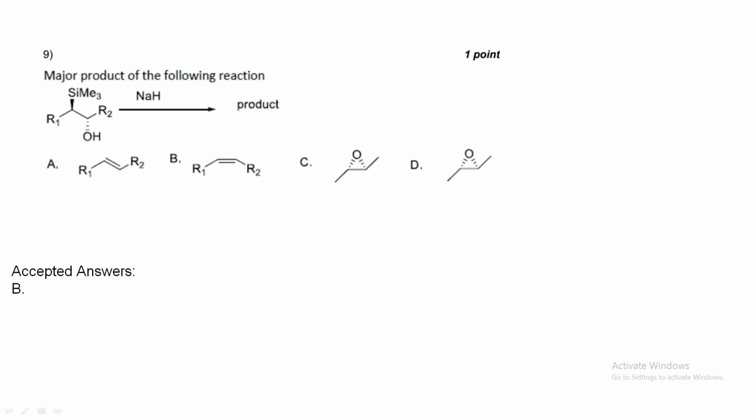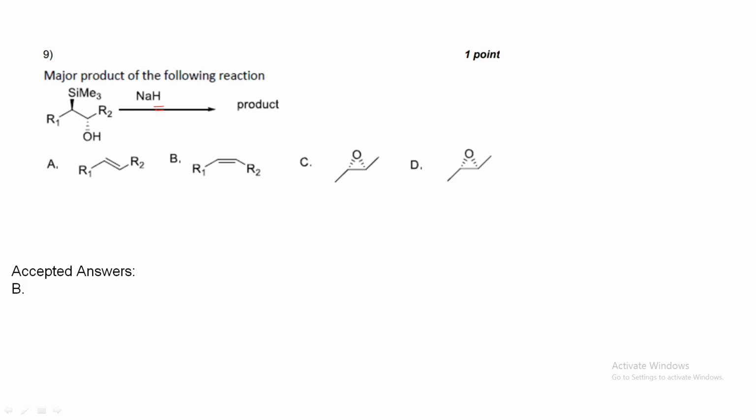These are classic examples of the Peterson olefination type reaction. The Peterson olefination has two varieties actually. So with this OH and silicon species, one of the treatments you can do is with base, like sodium hydride, which can act as a base, or you can do acid treatment. If we do that, that too would generate two different products. That's the bottom line for this type of Peterson olefination reaction.